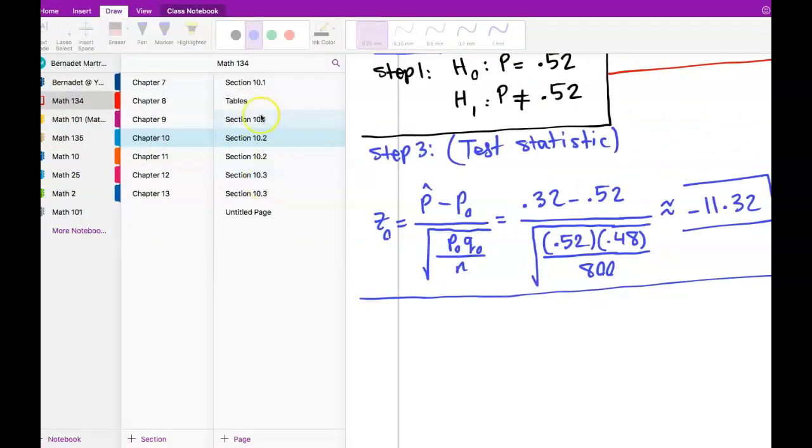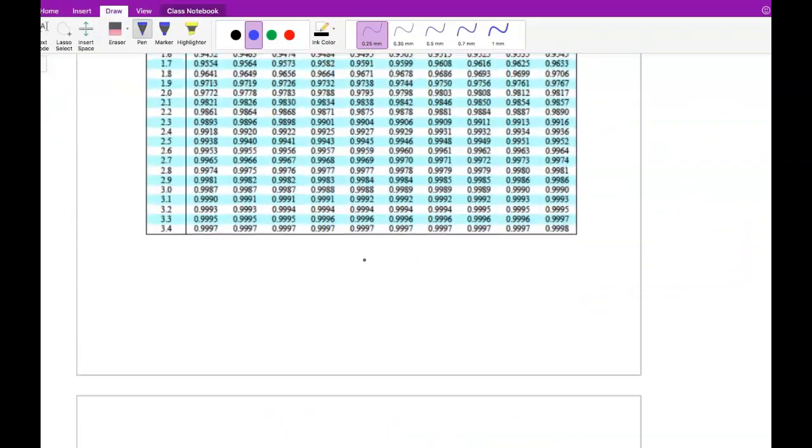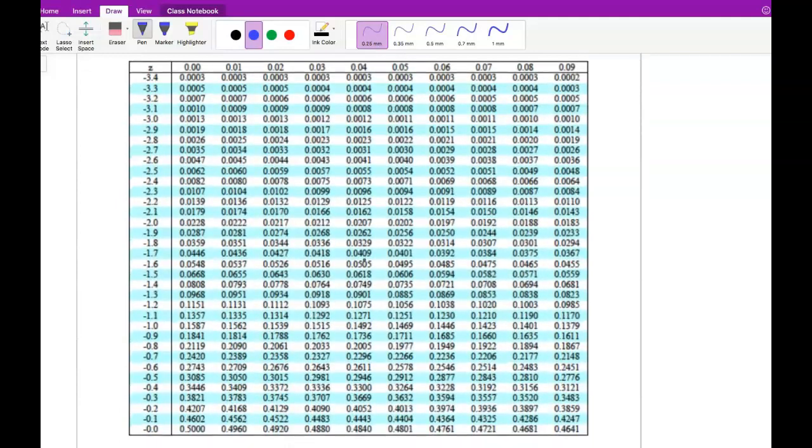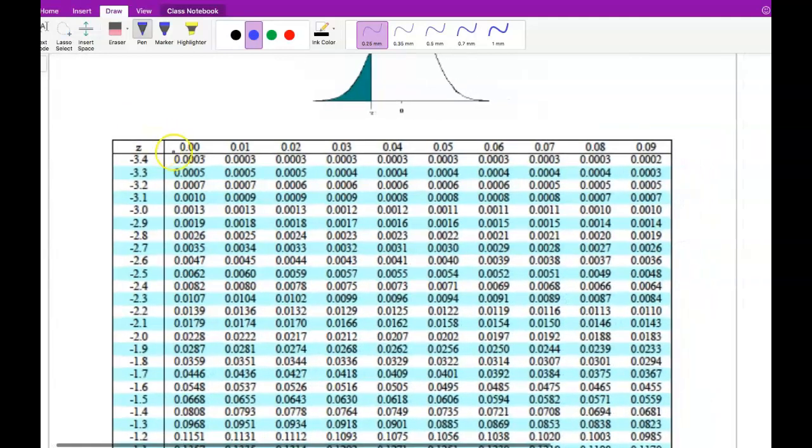Okay, using our table. We have negative z-scores. This is z equal to negative 3.4. See, we have negative 3.49. It's this number. And for negative 3.39, we have this number. So this is less than that one.